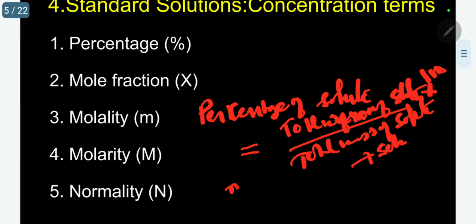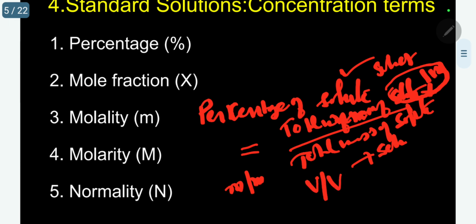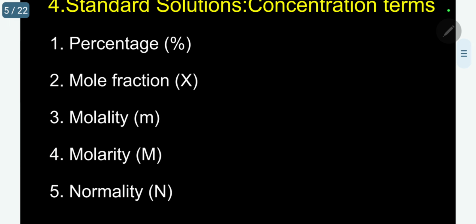This is the mass percentage, that means this is the percentage of solute. If it is solvent, then on top, instead of solute, solvent will be there. Kindly follow. This is mass. Instead of mass, if you use volume by volume, again we can express in two ways: one is percentage of solute in terms of volume, and the percentage of solvent, by the volume by volume method. So that is regarding percentage.